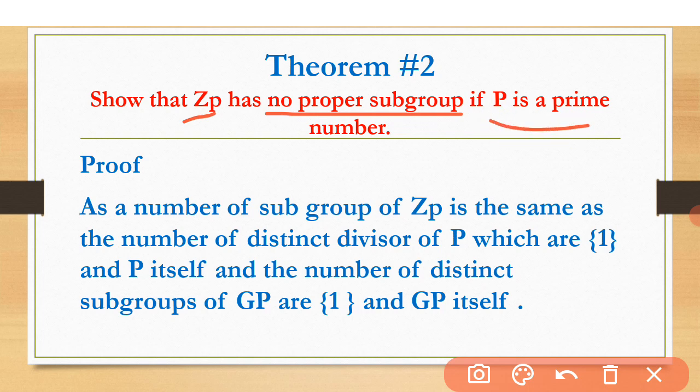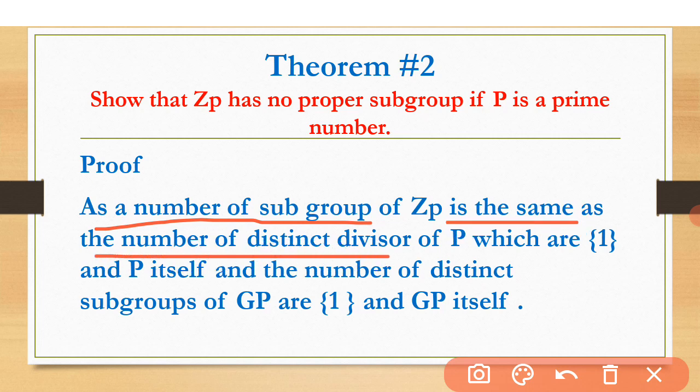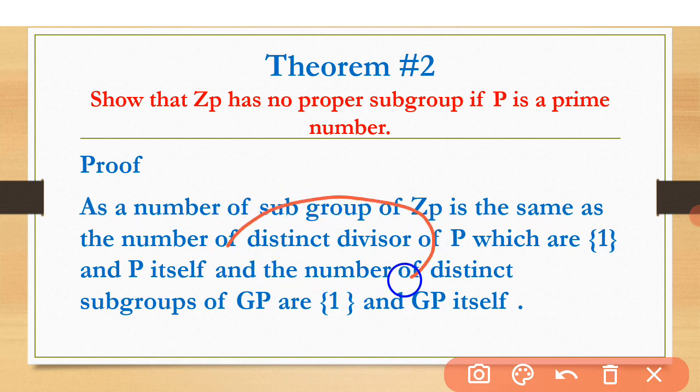If p is a prime number, we know that the number of subgroups of Z_p is the same as the number of its distinct divisors. This is a point to be understood.